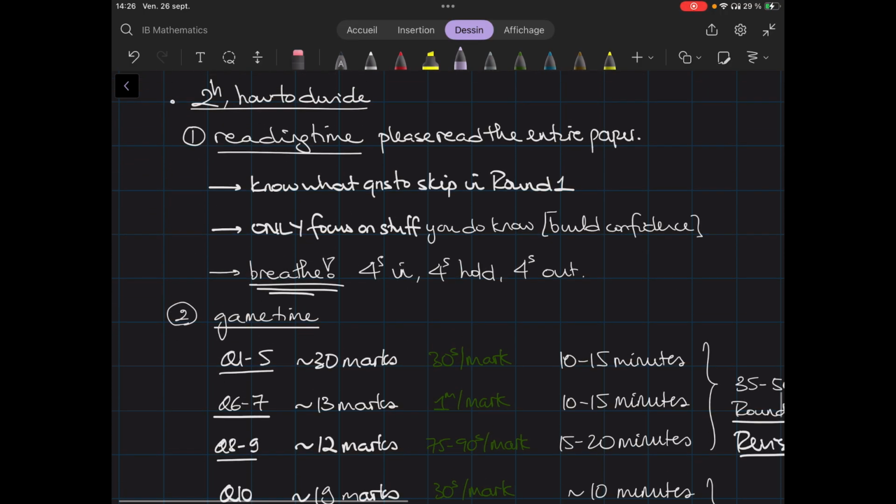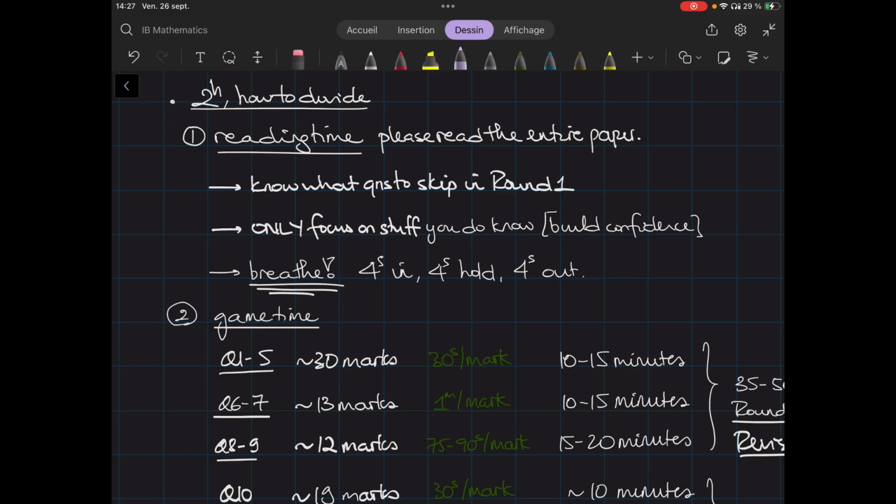Now, knowing that, how are we going to use our 2 hours? 1. Reading time. This is technically not part of the 2 hours. Please read the entire paper cover to cover. You should know what questions to skip in round 1.